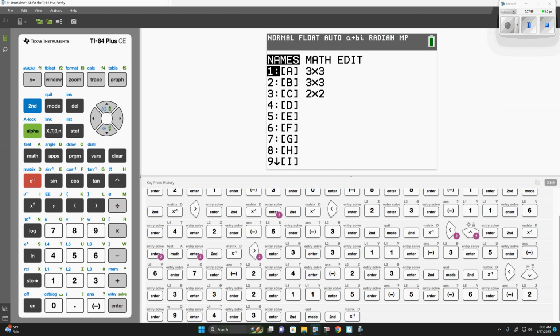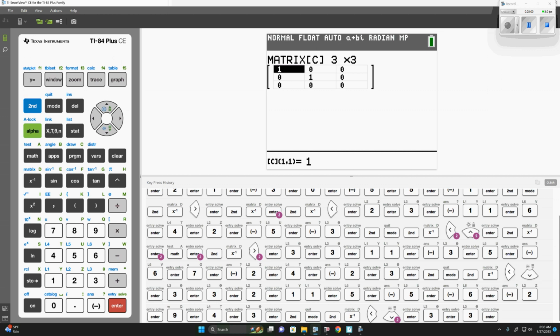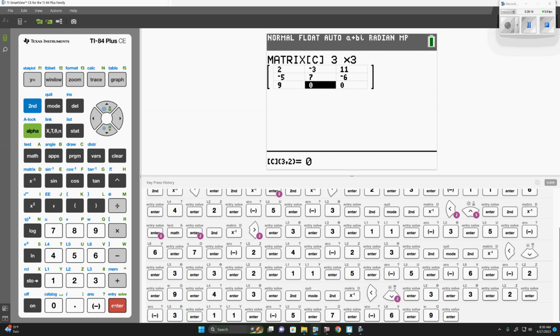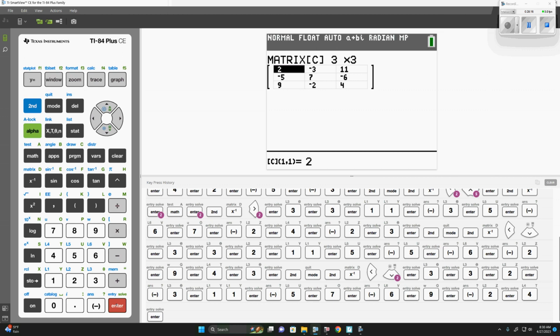Second matrix C is a 3x3. 2, negative 3, 11. Negative 5, 7, negative 6. 9, negative 2, 4.